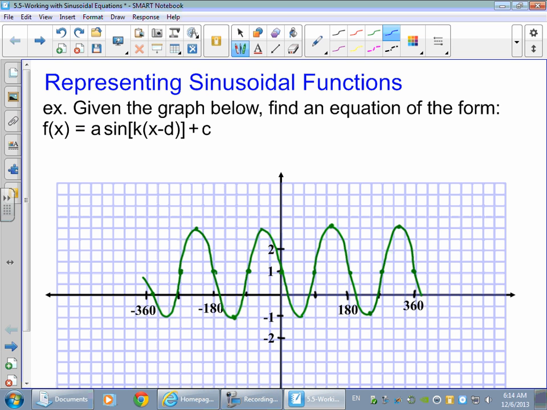So as we go through, given the graph below, find an equation, and I want to stress an equation. If you look at the graph below, you can see that this point, and really all of these points are essentially the same point because the graph just continues repeating itself.